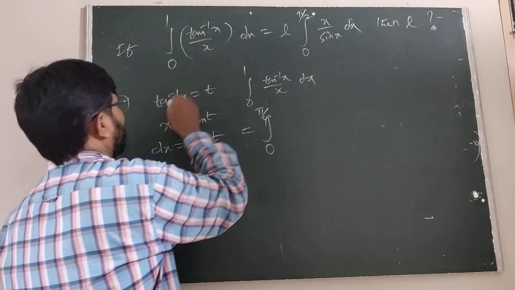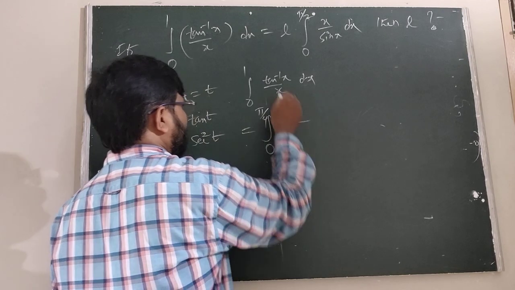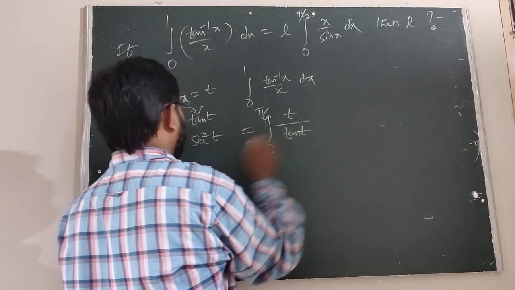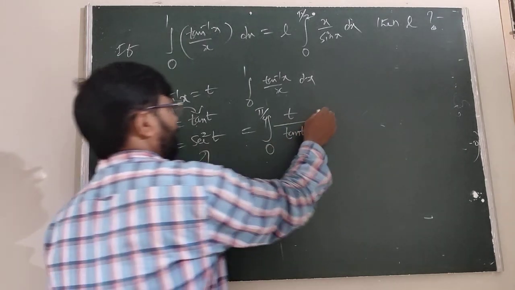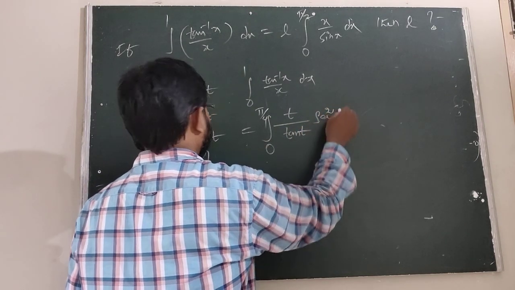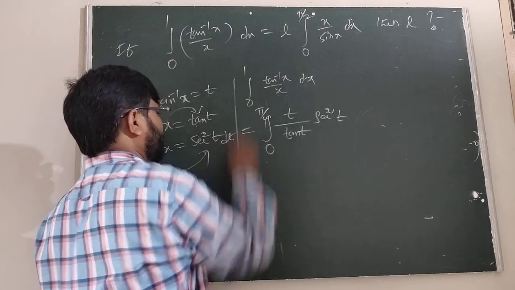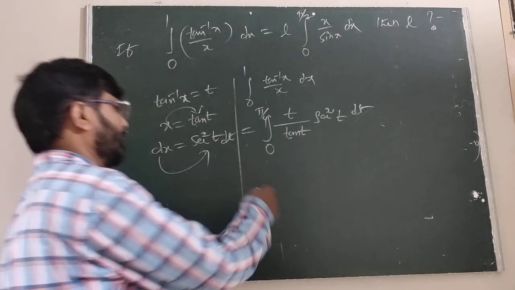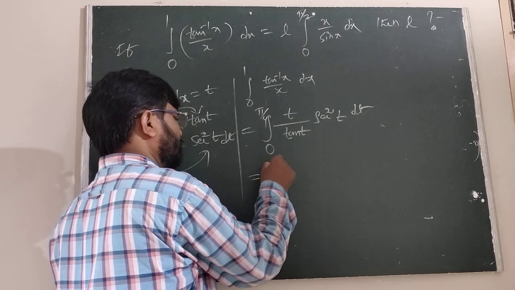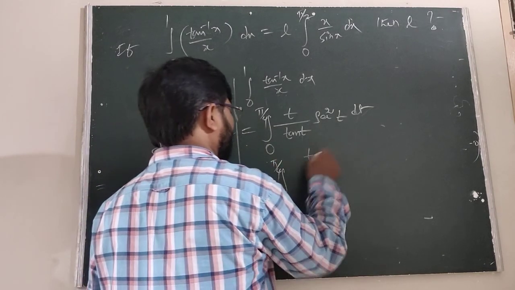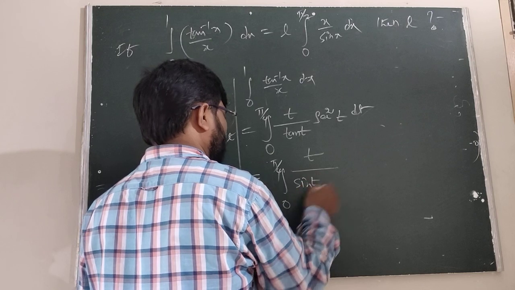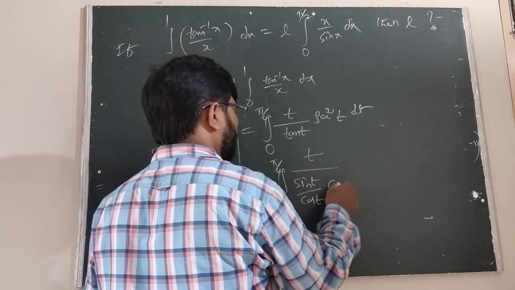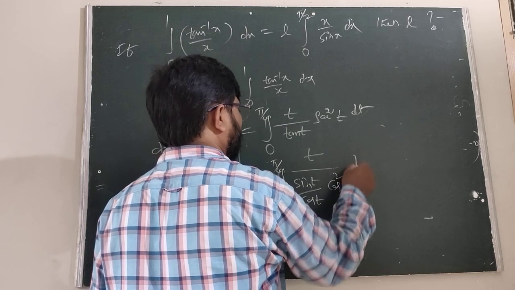Now this is tan inverse x, we are taking it as t. x is tan t. dx is secant square t dt. Is it clear? Now we can write this as the integral 0 to pi by 4 of t by tan t, which is sin t by cos t. Secant square is 1 by cos square t dt.